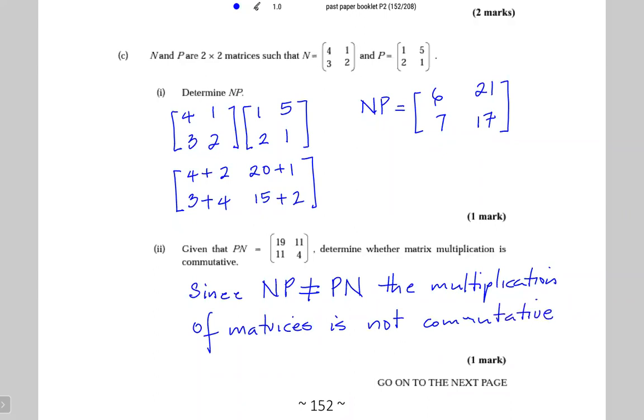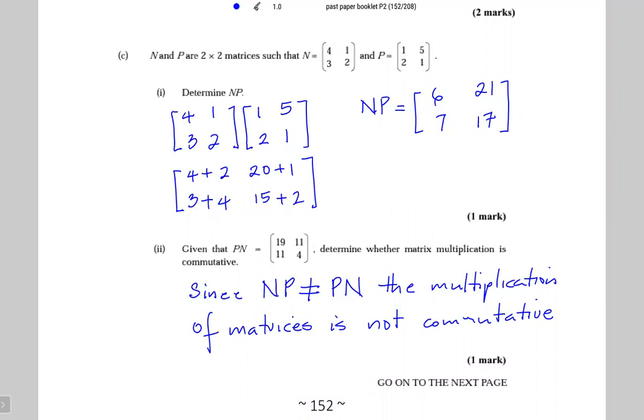All right. So an operation is commutative when for all values, when you switch around the values, the answer comes out to be the same. So here we multiply N by P and P by N, and they did not come out to be the same. So the multiplication of matrices is not commutative.